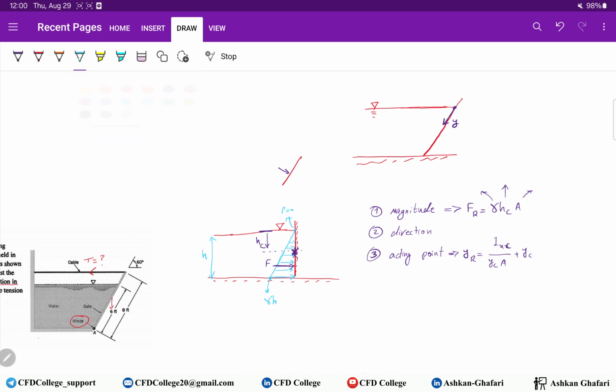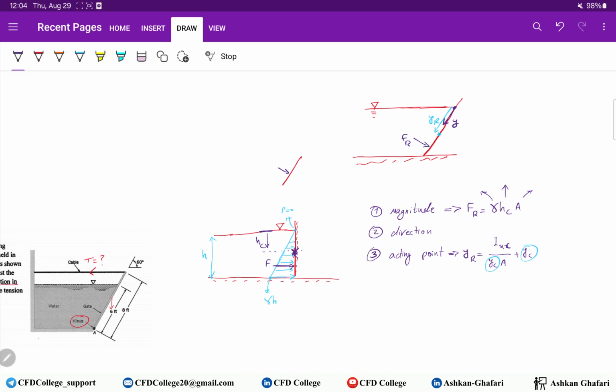When we say y_C, it means the distance to the centroid or center of gravity of the gate.